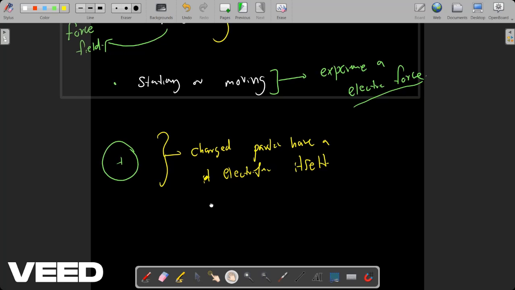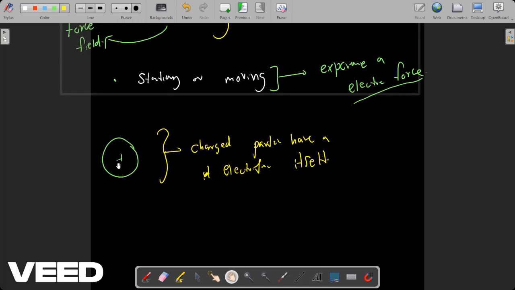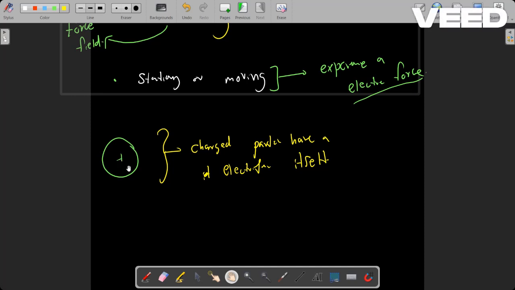Now, because of that reason, when a charged particle is in an area, you have a field. If you keep the charged particle in an area where you have a background field, on that charged particle you are going to have a force.